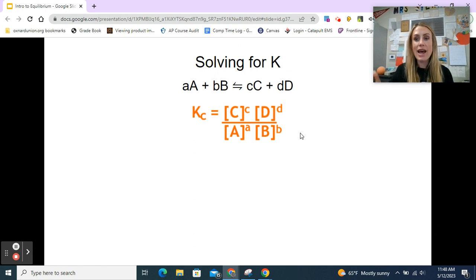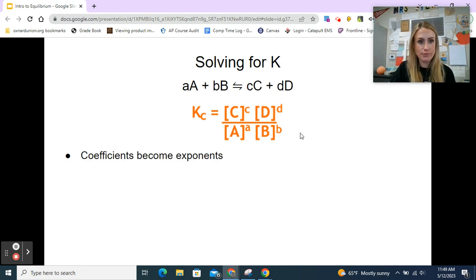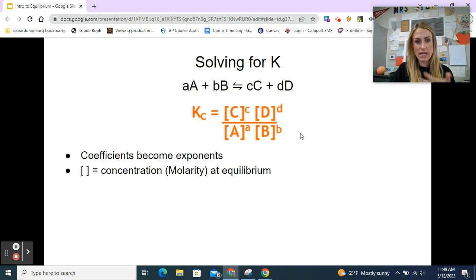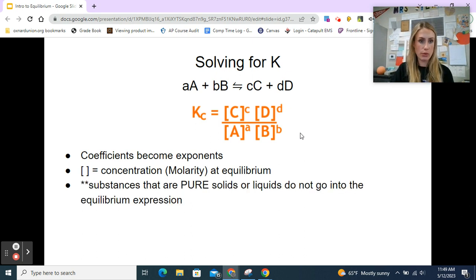Also notice how we're not adding these together, okay? We're multiplying. So you're multiplying C and D together, multiplying A and B together, and then you're dividing, okay? So that's how you would solve for K. So like I said, coefficients become exponents, and those brackets mean concentration or molarity at equilibrium.